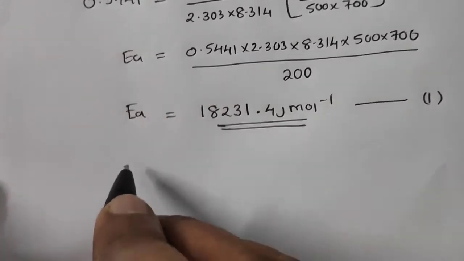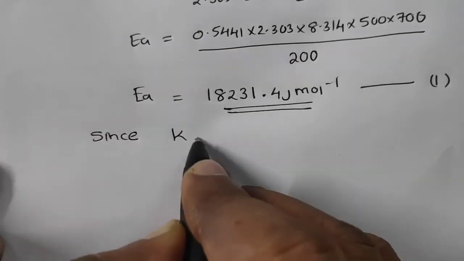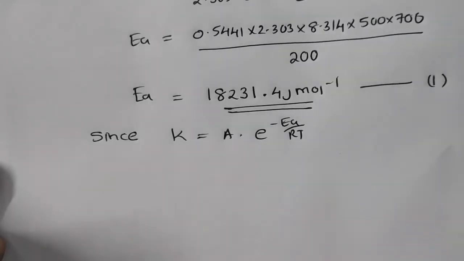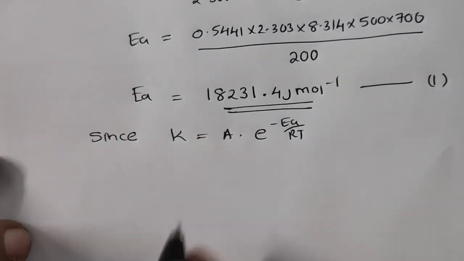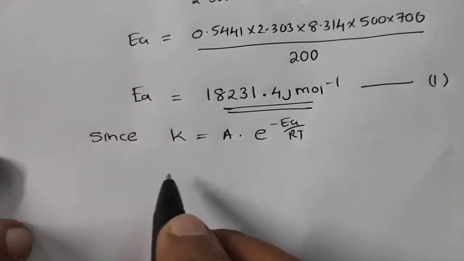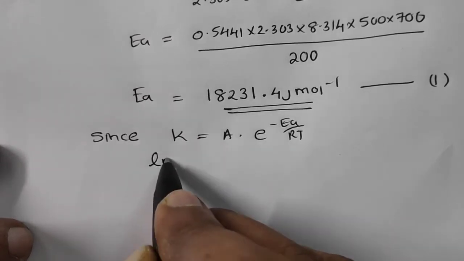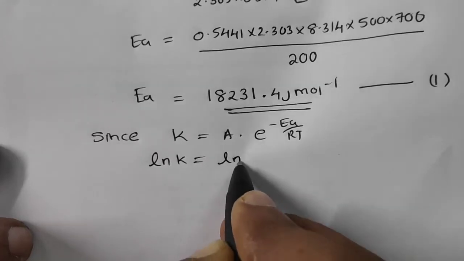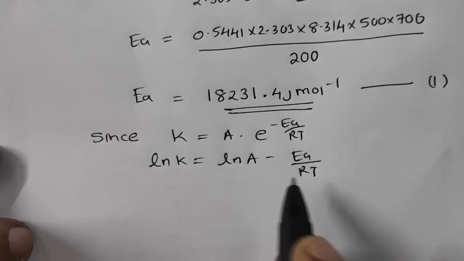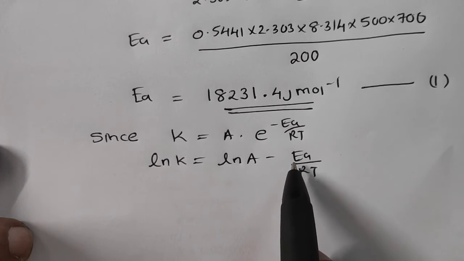Now we know the formula, if you remember: K is equal to A into e raised to minus EA by RT. This is the Arrhenius equation, which shows the relation between rate constant and temperature. If I take the natural logarithm, ln K is equal to ln A minus EA by RT, which I discussed in our previous video, video 9.